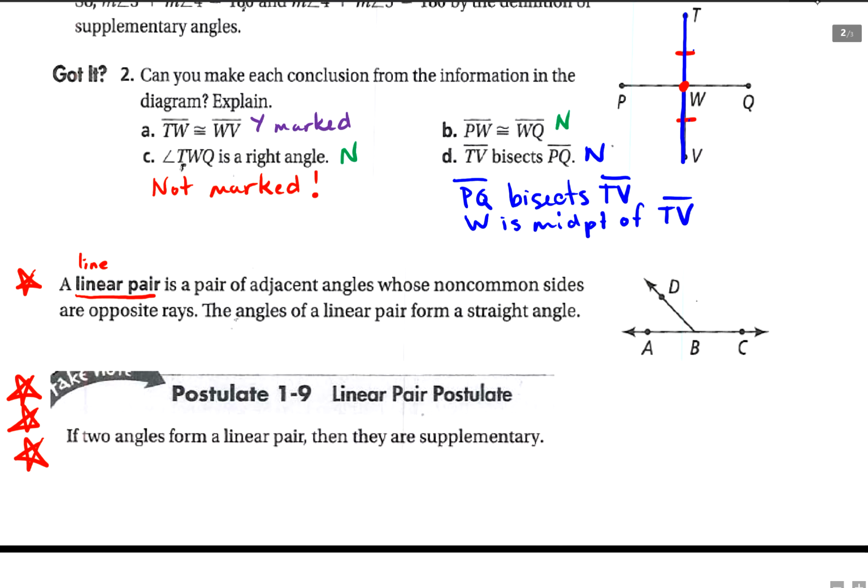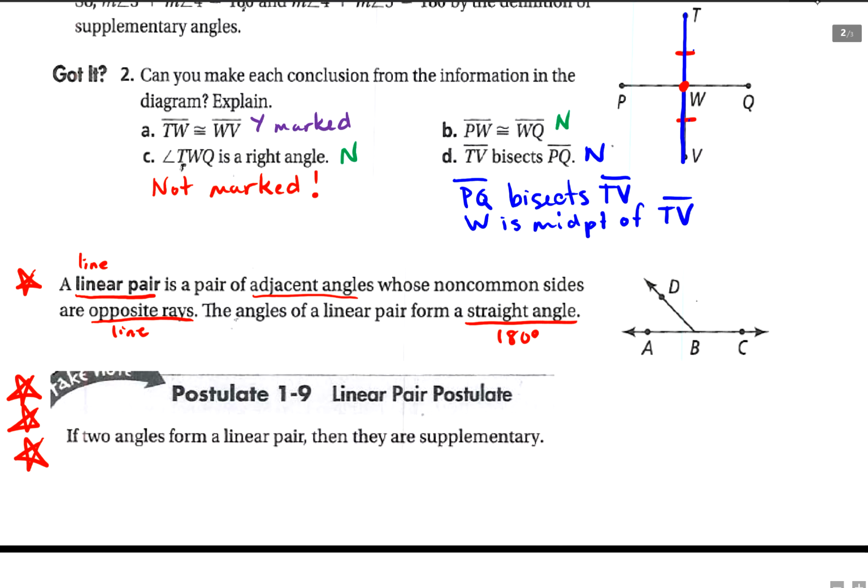A linear pair is a pair of adjacent angles whose non-common sides are opposite rays. And what does opposite ray mean? Opposite rays make a line. The angles of a linear pair form a straight angle. This is 180 degrees. So hopefully you see that and go, they're supplementary.